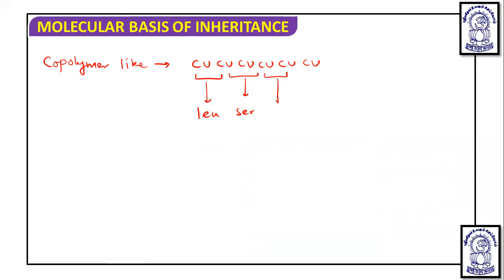So by comparing the sequence, it is known that CUC codes for the amino acid leucine, whereas UCU codes for the amino acid serine. Like this, several combinations have been prepared, and by these combinations, the amino acid coded by each particular codon was discovered.